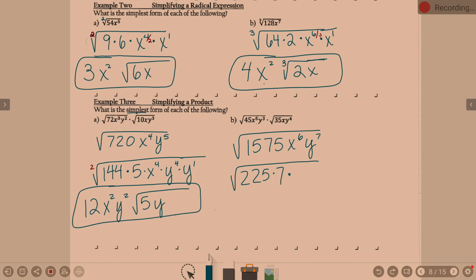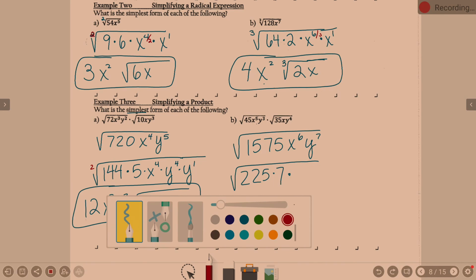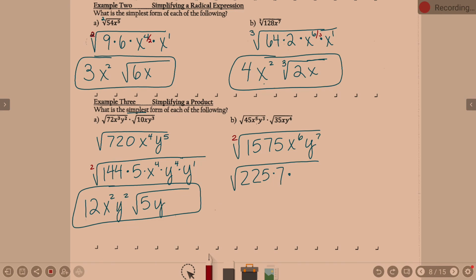What about x to the sixth? Am I going to be able to take the square root of x to the sixth? Yes, because 6 just has to be able to divide by 2 because we're talking square root. So I don't need to break it up. y to the 7th. Can I take the square root of that?